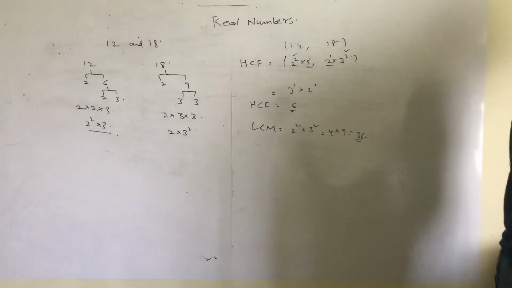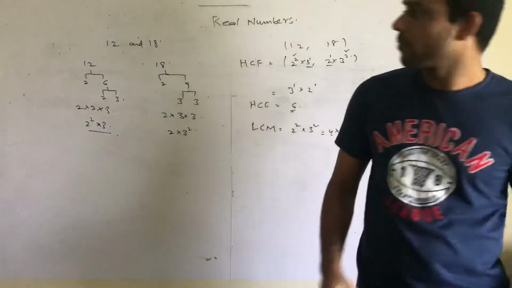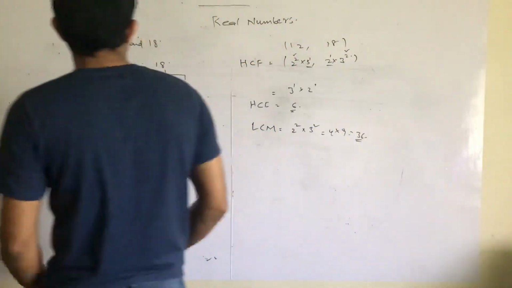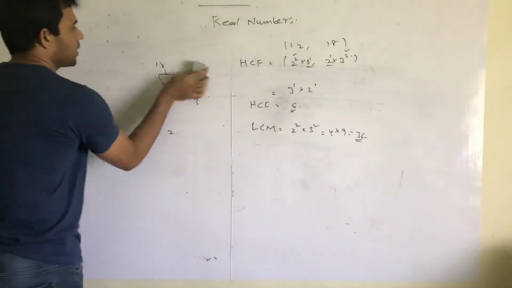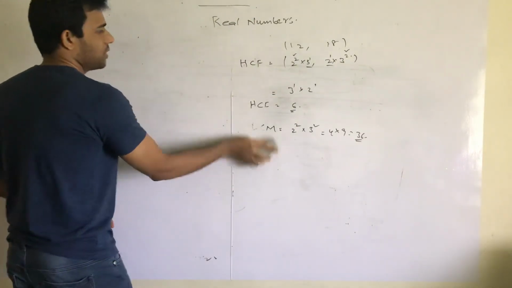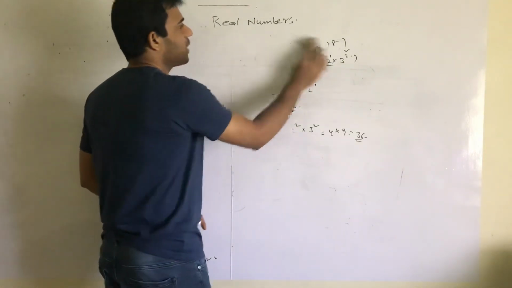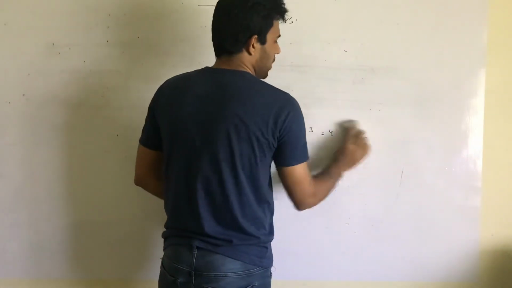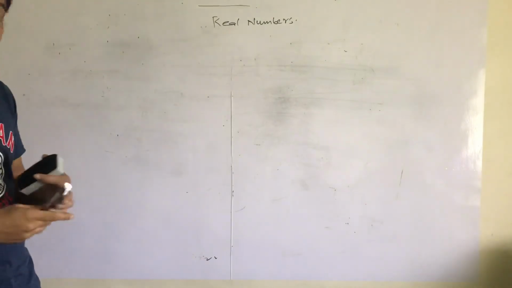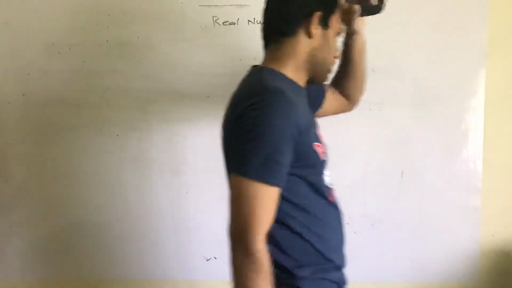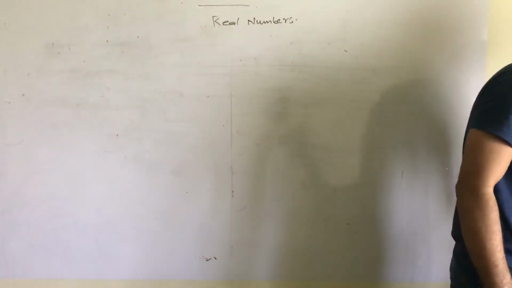Let's move further and understand when you are writing these things. There are some questions which ask you to find whether a particular number, which is already represented in the form of powers, is divisible by something.